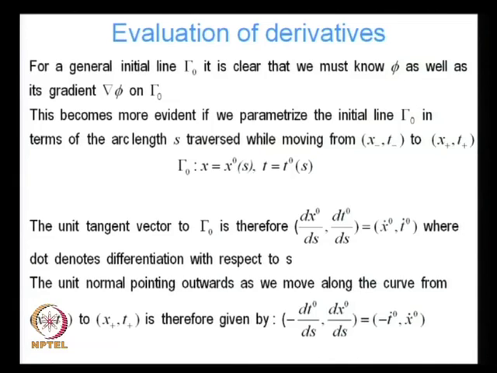Why is that? Well, to understand that, it makes sense to parametrize my initial line gamma 0. I can parameterize gamma 0 in terms of a parameter s, and while moving from x minus t minus to x plus t plus, I am moving along gamma 0, and along that path I have a parameter s.